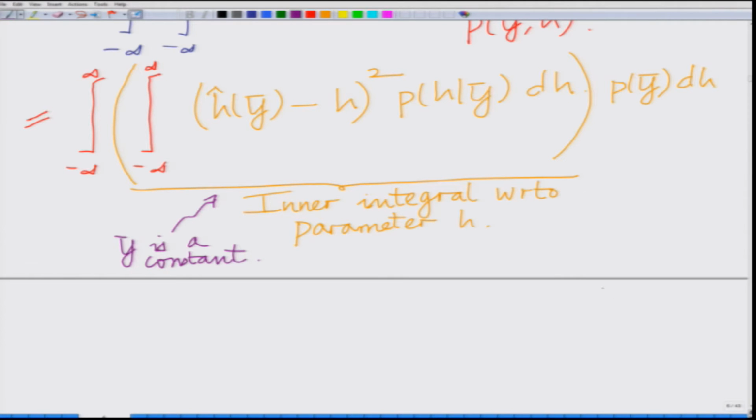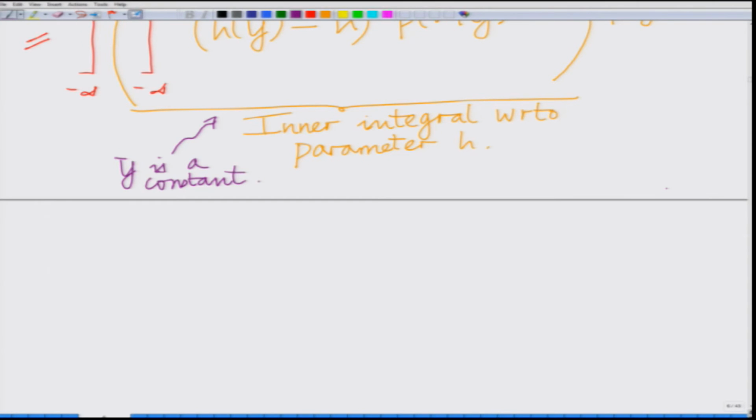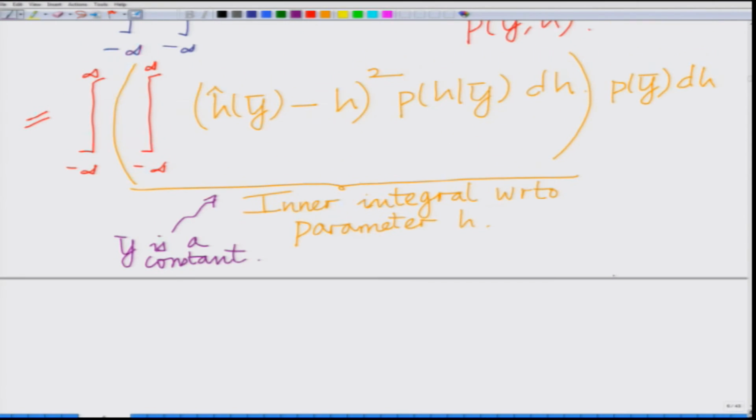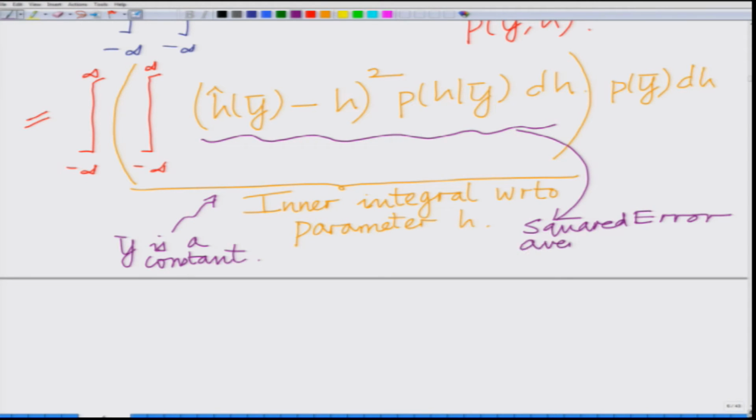Now, let us take a look at this inner integral, okay. What is this inner integral? This inner integral is the mean squared error, the squared error averaged over the parameter h for a fixed y bar.